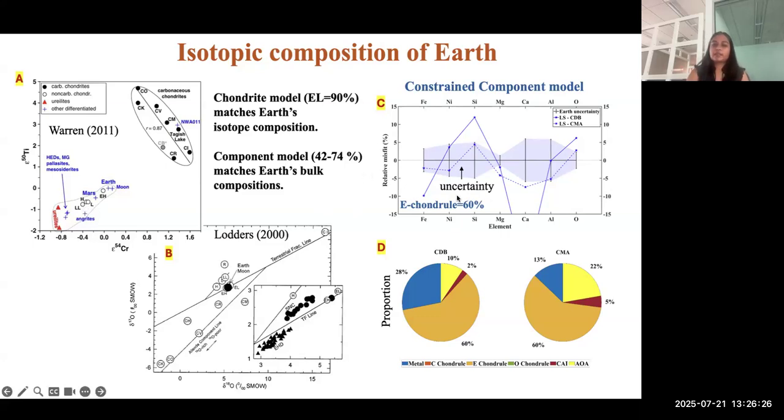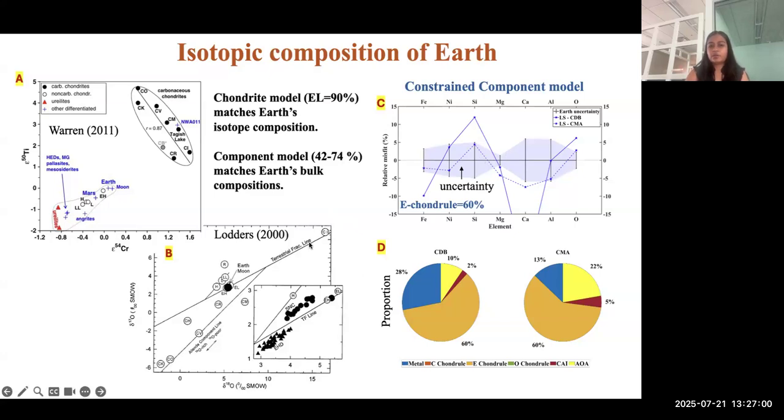So the misfit in this constrained component model is better than the chondrite fit, but it doesn't match Earth as well as my component model with no constraint. Also, this fit requires way more AOAs and CAIs, so it needs a lot of accretion of refractory inclusions.